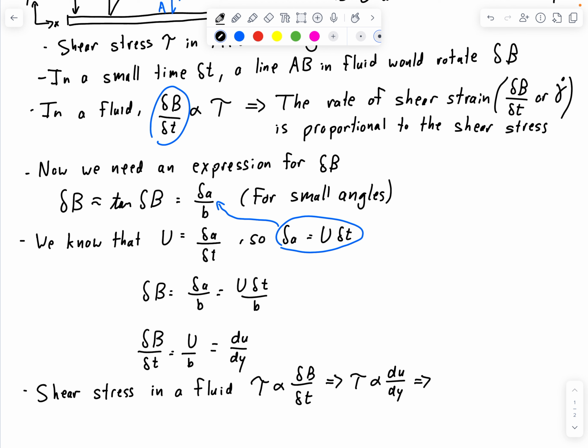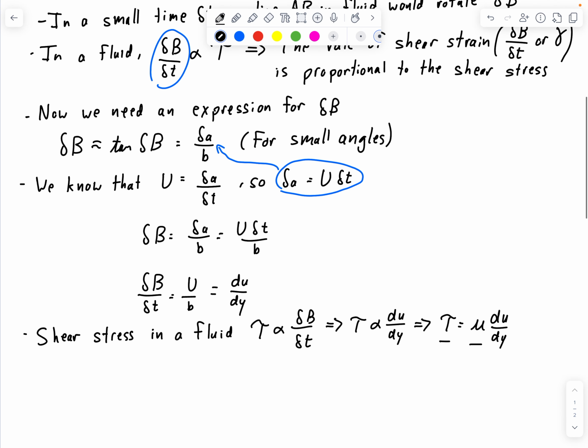And we can even go further than that proportionality. We can say tau is in fact equal to some constant mu times du by dy. That's known as Newton's law of viscosity, and it describes the relationship between the shear stress in the fluid, this constant which describes how viscous the fluid is, and du by dy, which is that gradient.